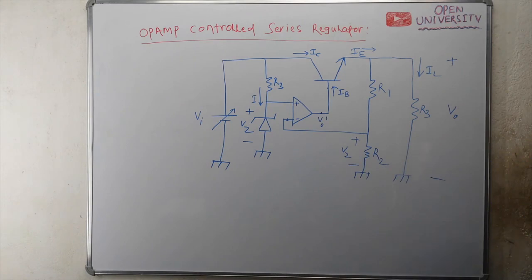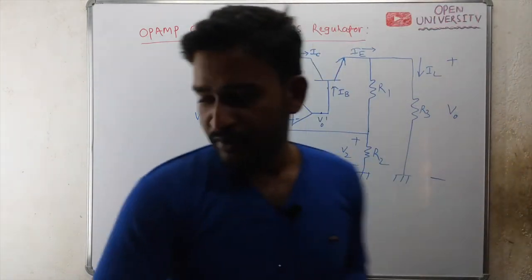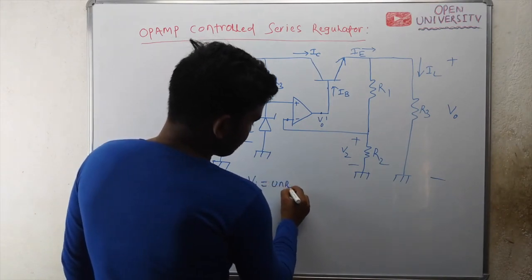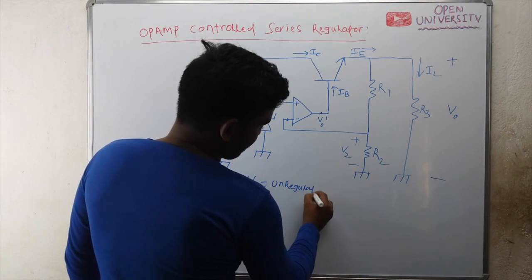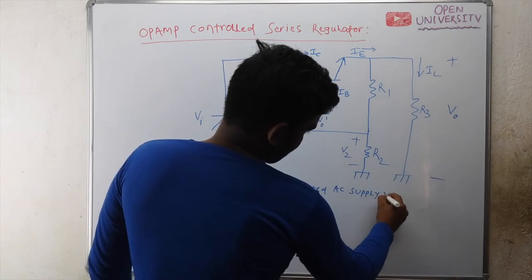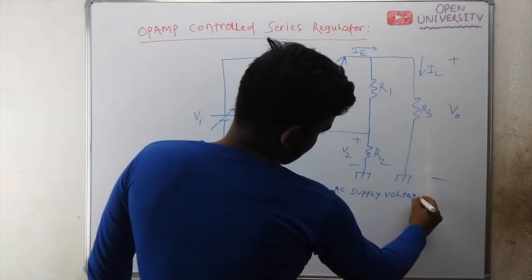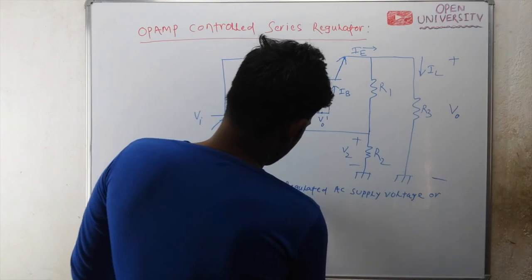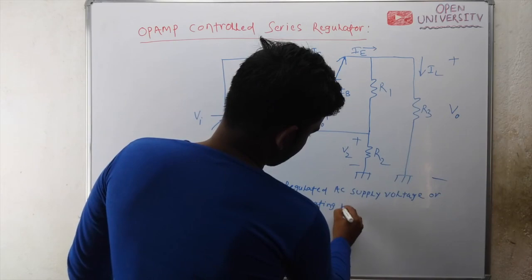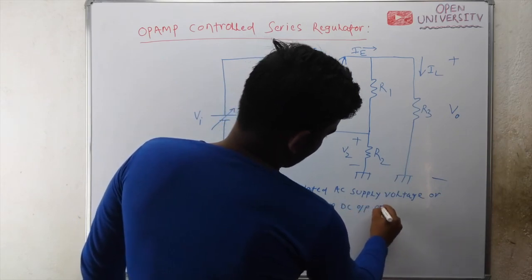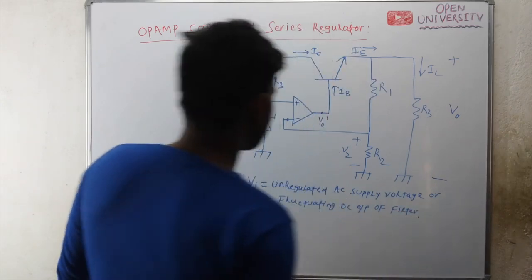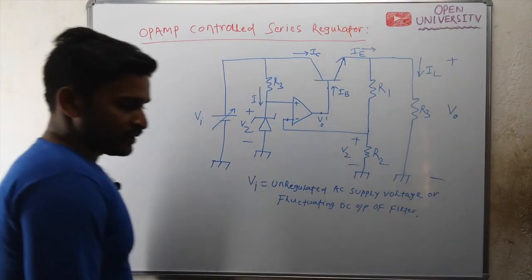Vi you can call an unregulated AC supply voltage or the fluctuating DC output voltage of the filter. The input to this regulator is the filter output.